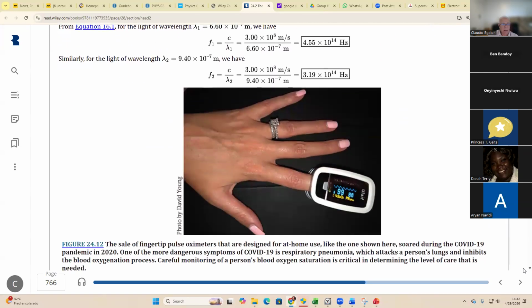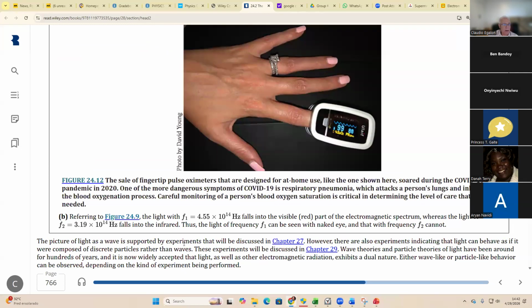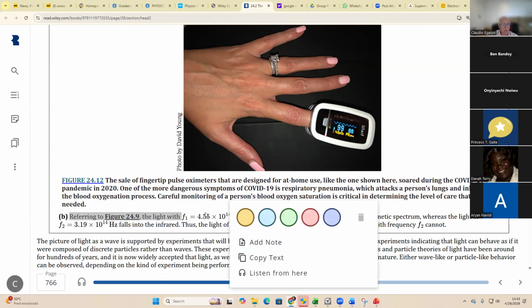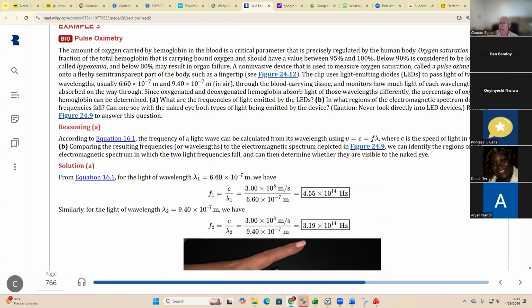Okay, and referring to visible and invisible. See that? In order to answer this question, B1, which region of the spectrum does it fall in? You have to look at figure 24.9, the electromagnetic spectrum.